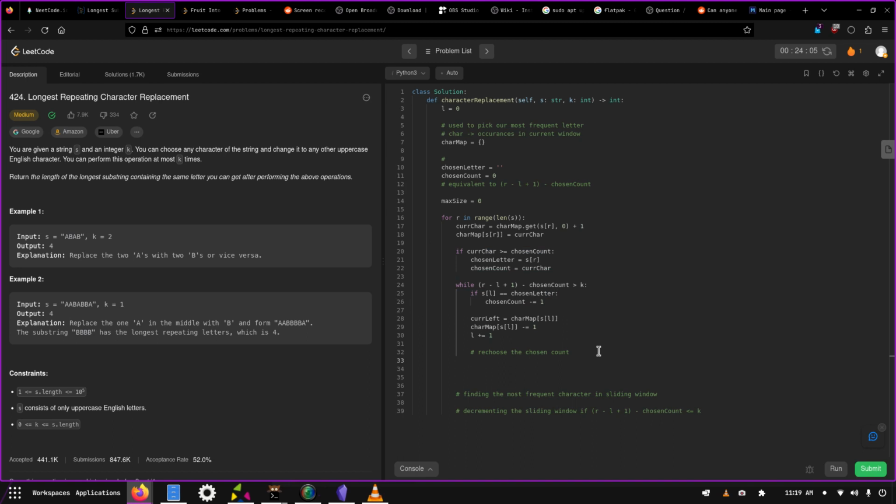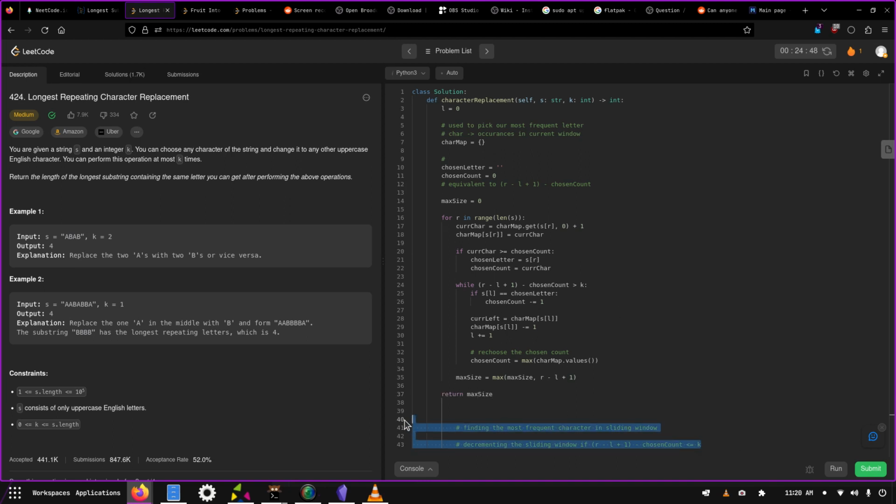Okay. Max of values. Size is equal to max of max size, and then also our current window, current max size.